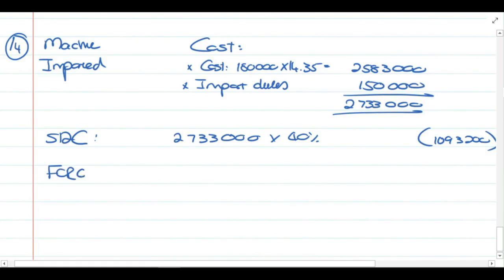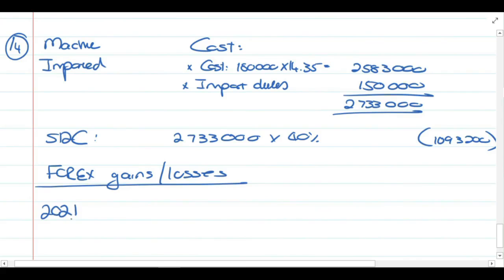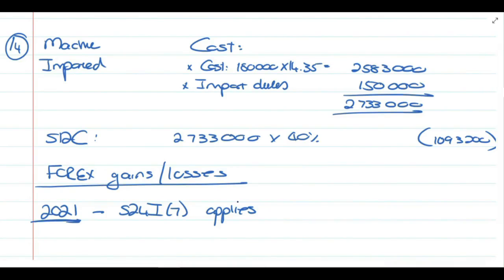Then we have our forex gains and losses. So 2021, make sure you see that. Section 24I7 applies. Why? Because we incurred forex gains and losses last year, but we're only starting to use the asset this year.